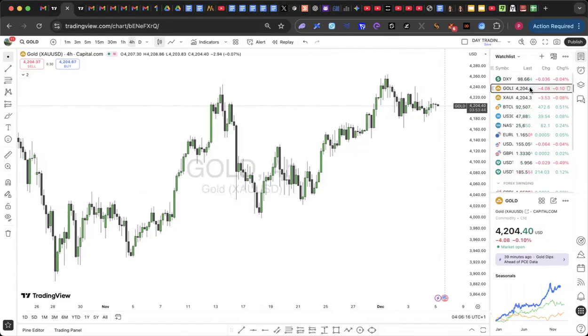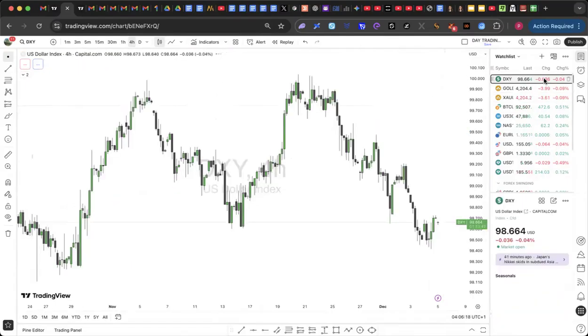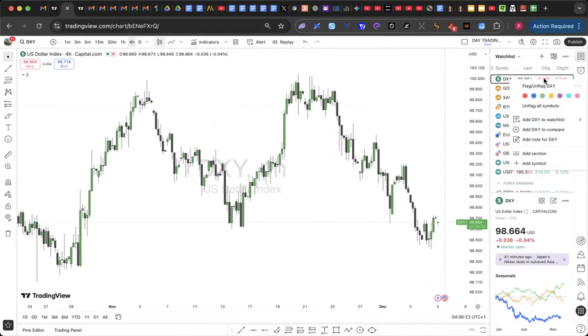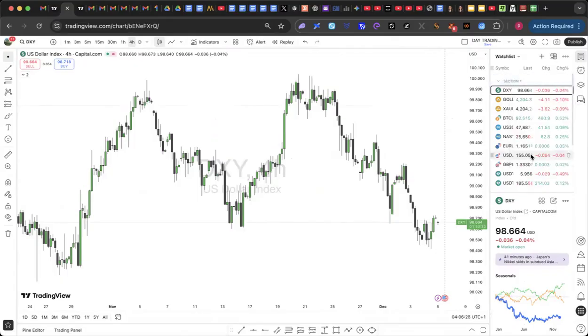You see this place, you have DXY. Right click and click add session so that you don't disturb yourself. You see add session. I right click on it and rename it.